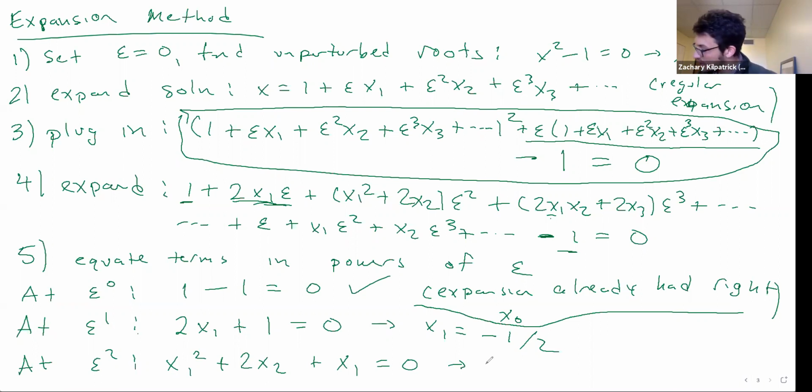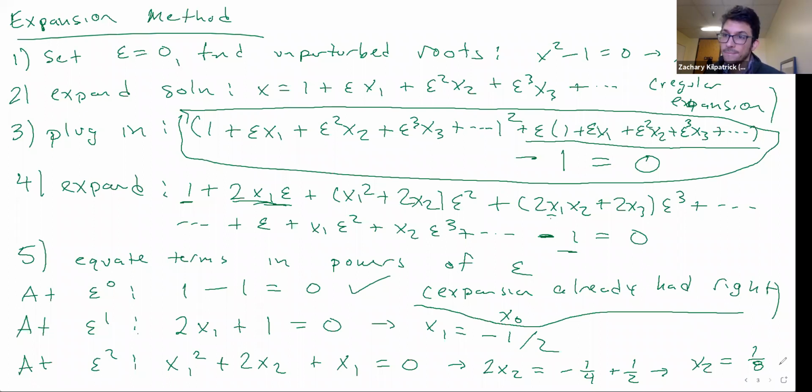If I plug that in and move stuff around, I get 2x2 is equal to minus 1/4 plus 1/2. Or in other words, x2 is equal to 1/8. Does that agree with what I got before? Yes, it does. My expansion before had an epsilon squared over 8 term in it. So the expansion method is giving me an answer that's consistent with my iterative method, which is also consistent with my expansion of my quadratic formula solution.